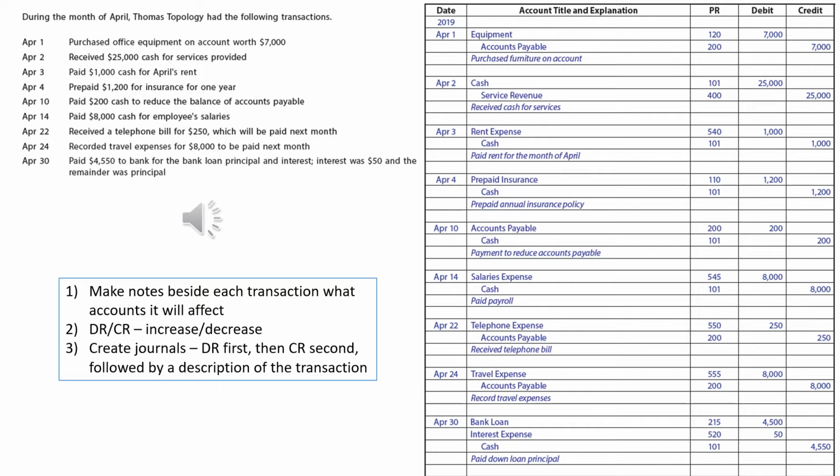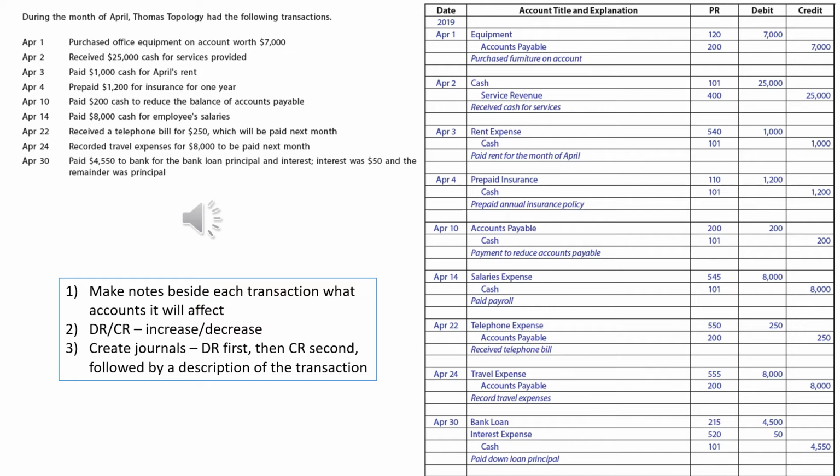April 24th, you recorded a travel expense for $8,000 to be paid next month. You will debit travel expense for $8,000 and credit accounts payable because you will pay it later. So you're incurring a liability. To increase the liability, you will credit the accounts payable for $8,000 in order to record your travel expenses. April 30th, you paid $4,550 to the bank for the bank loan principal and interest. The interest was $50 and the remainder was principal.